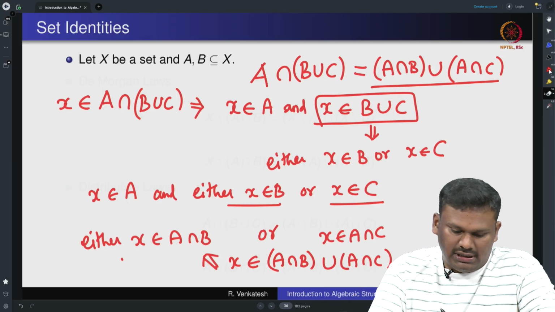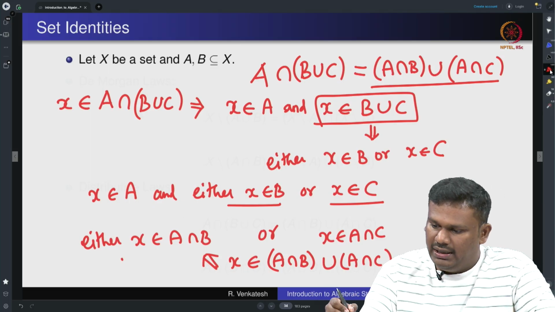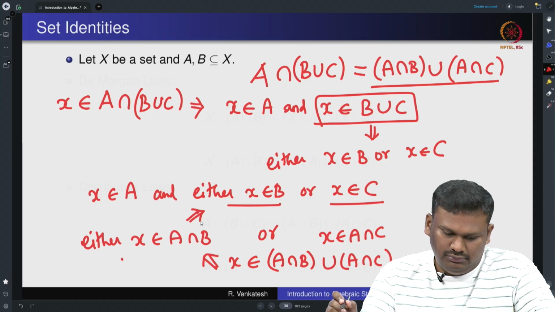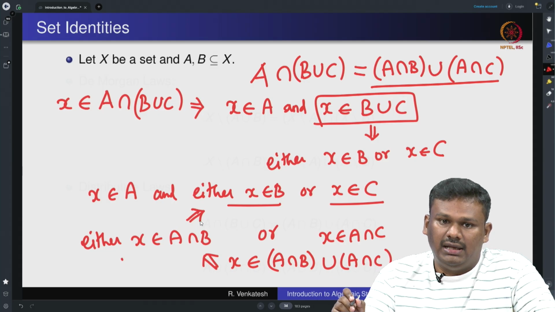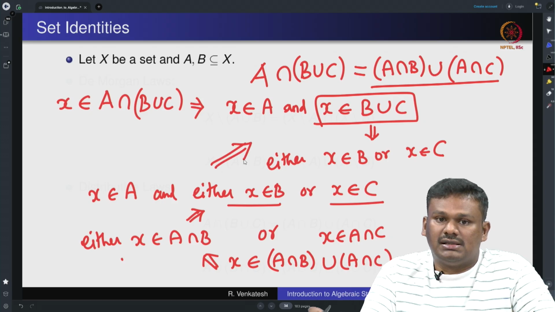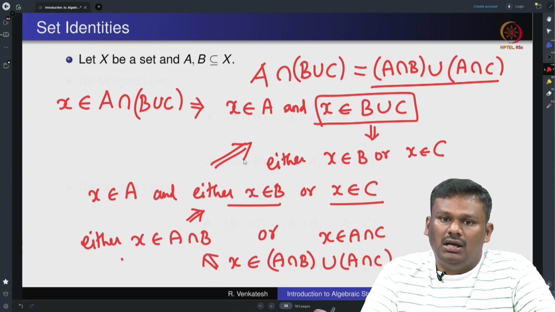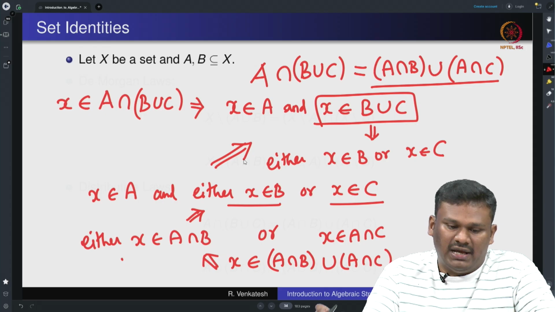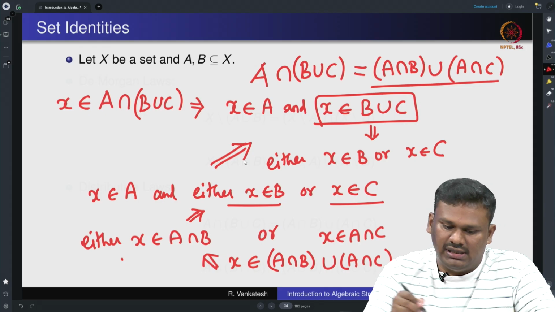From here I have this implication: if x is in A and either x is in B or x is in C, that would imply that x is in A and x is in B or C. So, it is in B union C for sure. So, I can reverse this arrow as well.